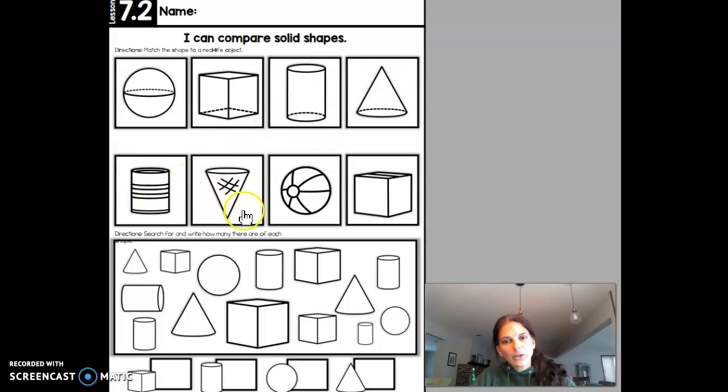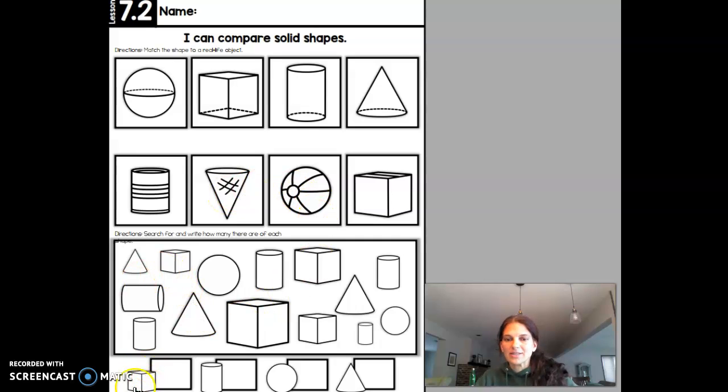And then, of course, we only have one left because we know this is a cylinder, this is a sphere, and this is a cube. So we would draw a line from this picture of a cone to the real life picture of a cone.